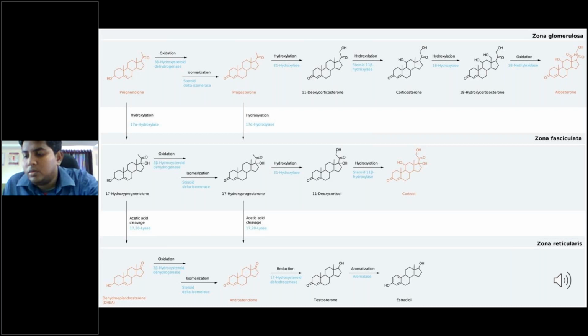If androstenedione undergoes a reduction reaction, there will be testosterone. Depending upon aromatization, there is estradiol production. So peripheral aromatase inhibitors, used in breast cancer or other cancers, work here by reducing the production of estradiol.